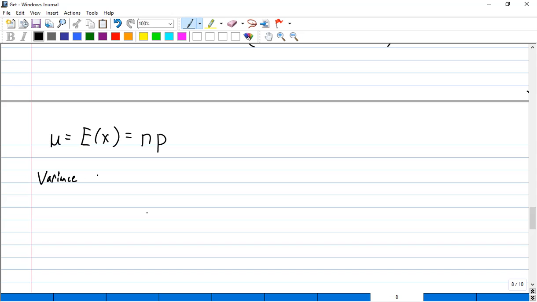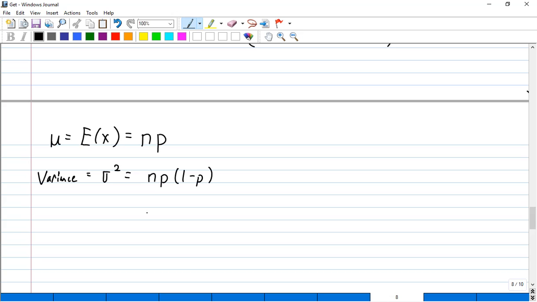If I want to find the variance, remember that if it's a population, it's sigma squared. It's equal to n times p times 1 minus p. That's it.